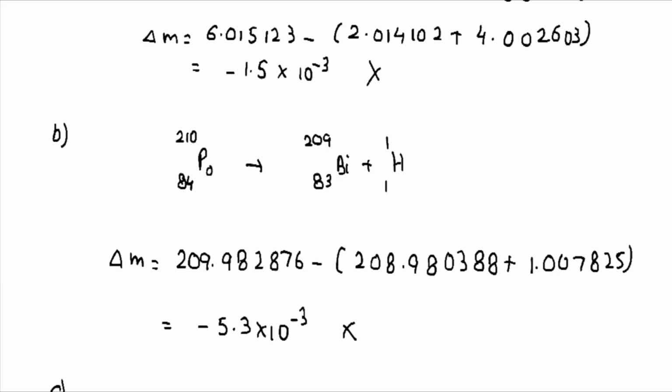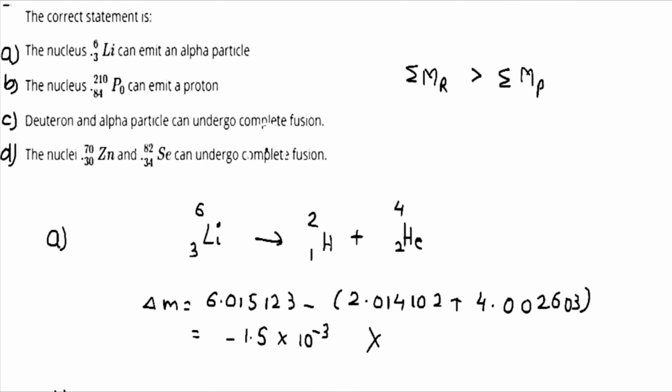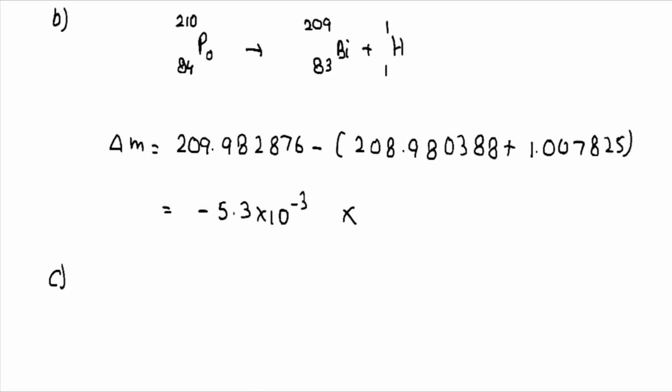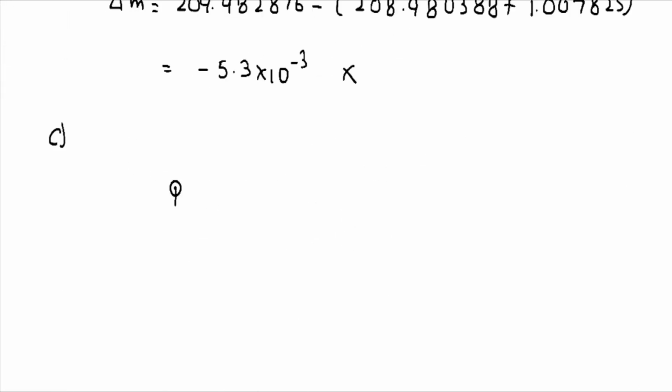Now, if we check option C, it is given that a deuteron and an alpha particle can undergo complete fusion. So we take a deuteron, plus an alpha particle, the helium 2H4. Now it would convert to Li6.